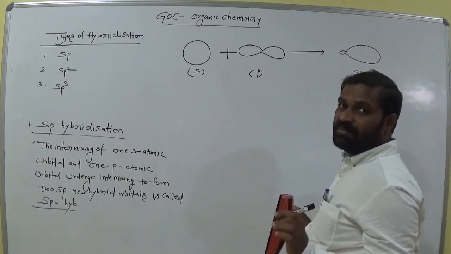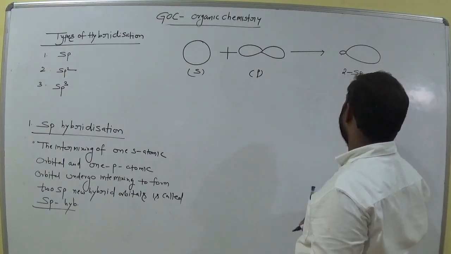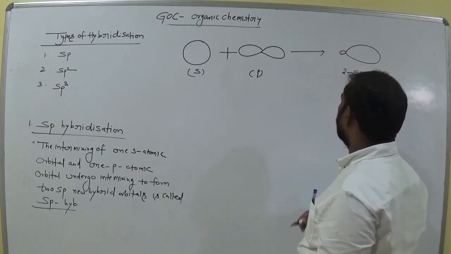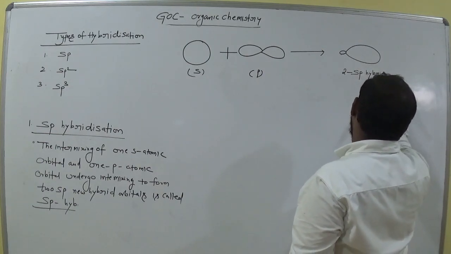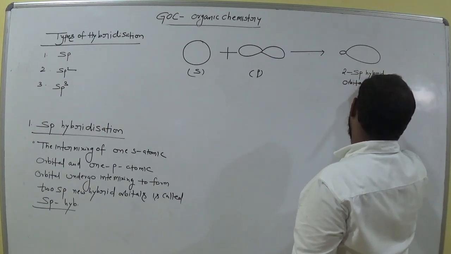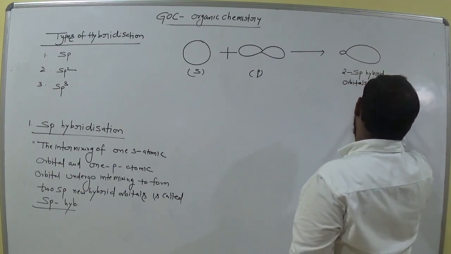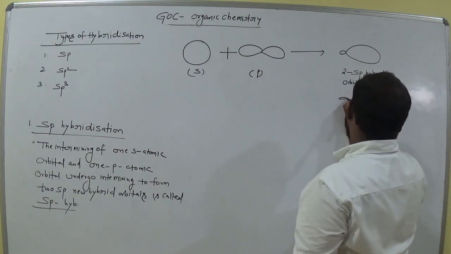How many sp hybrid orbitals are generated like this? Two sp hybrid orbitals are generated. So we can draw like this.